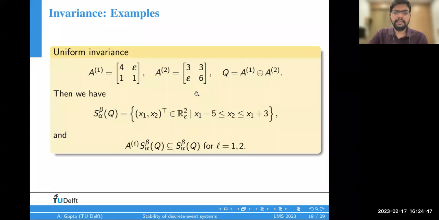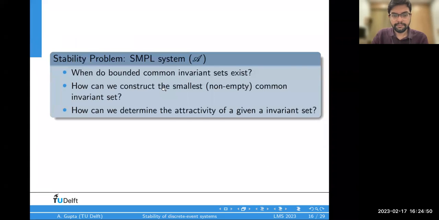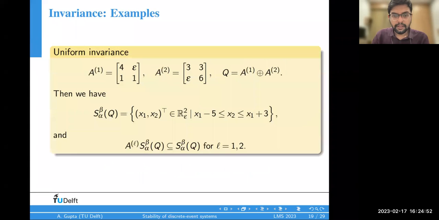The first case is, if I have, let's say, two matrices, A1 and A2, and I derive somehow a third matrix Q, and I say that this set is generated as a max plus eigencone of this matrix Q, can I prove that this set generated by Q is invariant?